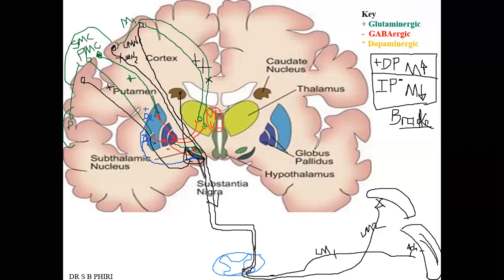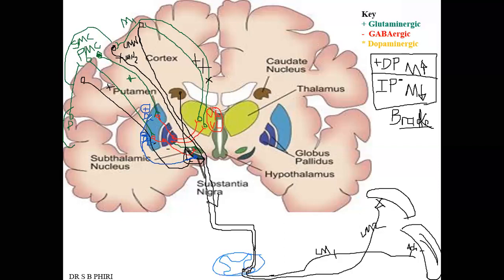But the same neurotransmitter on the direct pathway, it will be stimulatory. On the indirect pathway, it will be inhibitory because these are two different receptors. So it's possible that the same neurotransmitter on one part of the brain is operating as excitatory postsynaptic neurotransmitter, and on another part is acting as inhibitory postsynaptic neurotransmitter because of the difference in the receptors.